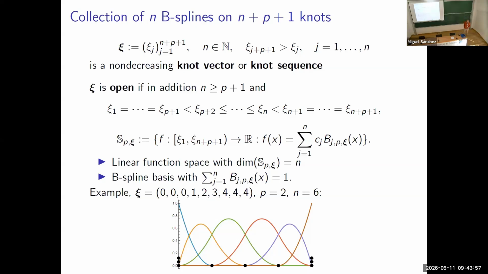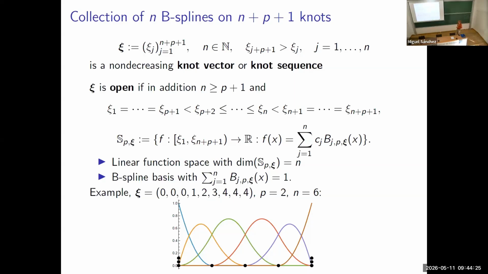If n is 1, we have one B-spline, and for n bigger than 1, we have n B-splines. It can be defined in the following way. Let's assume that c_{j+p+1} is bigger than c_j, so each B-spline has an extent.